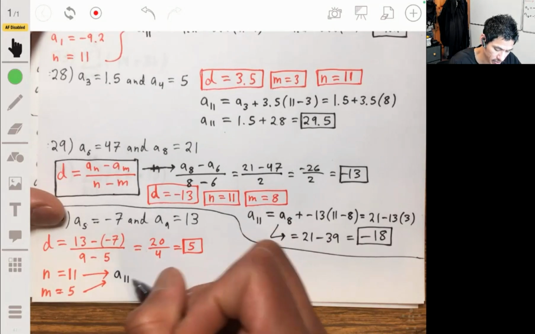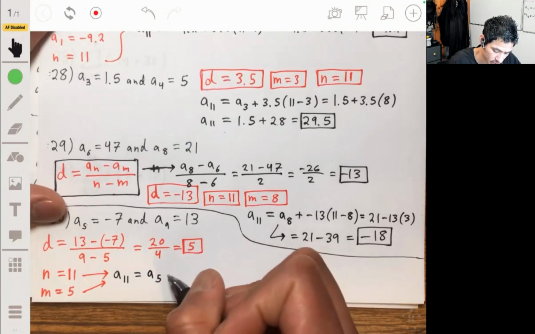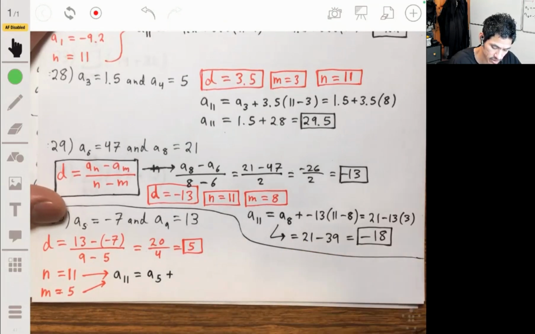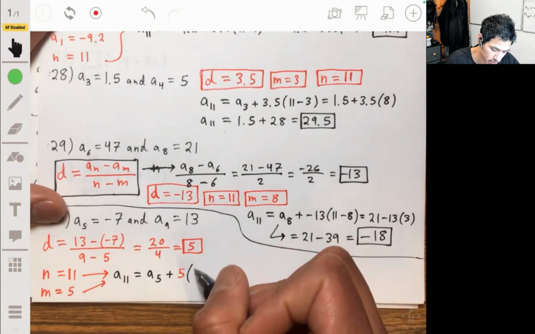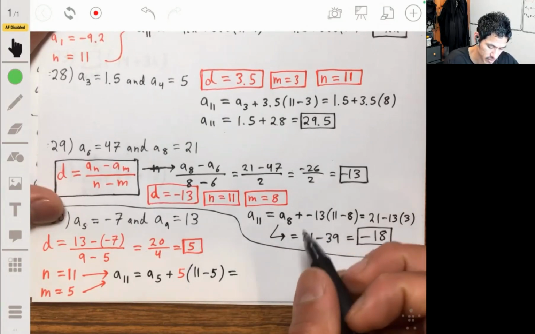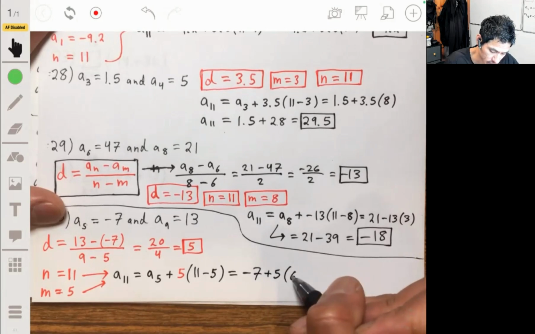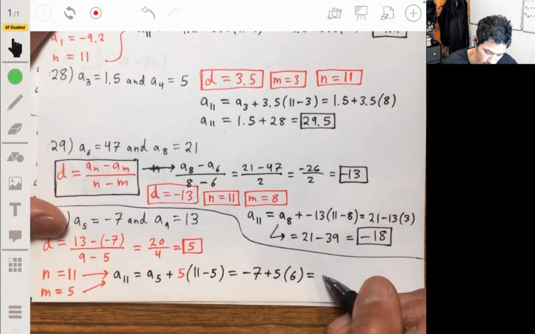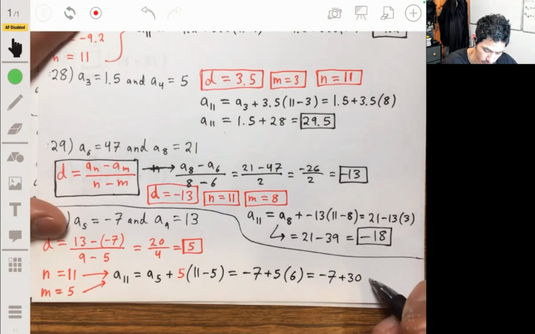So A11 will be equal to A5 plus our common difference d, so plus 5, times n minus m, so 11 minus 5. This will be equal to negative 7 plus 5 times 6. So negative 7 plus 30. And that'll be 23.